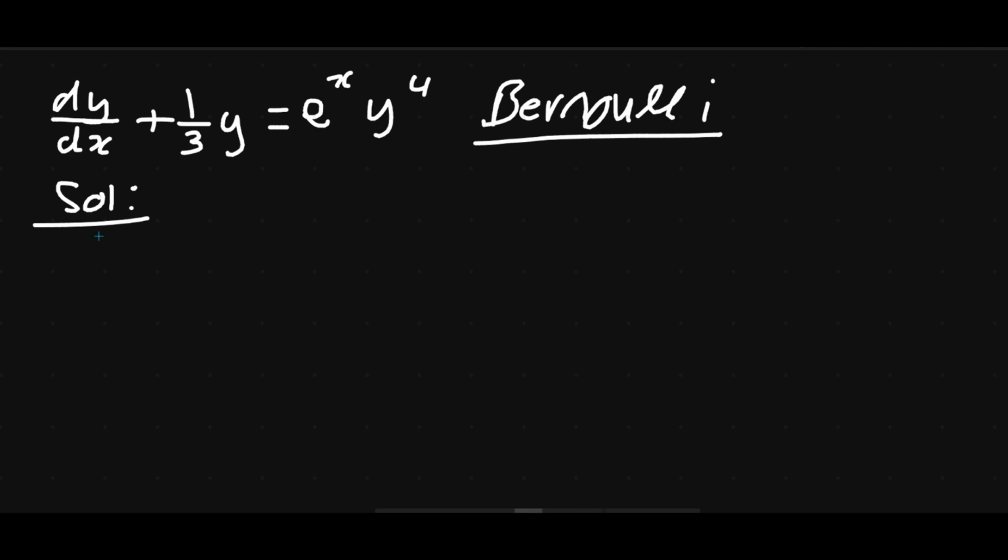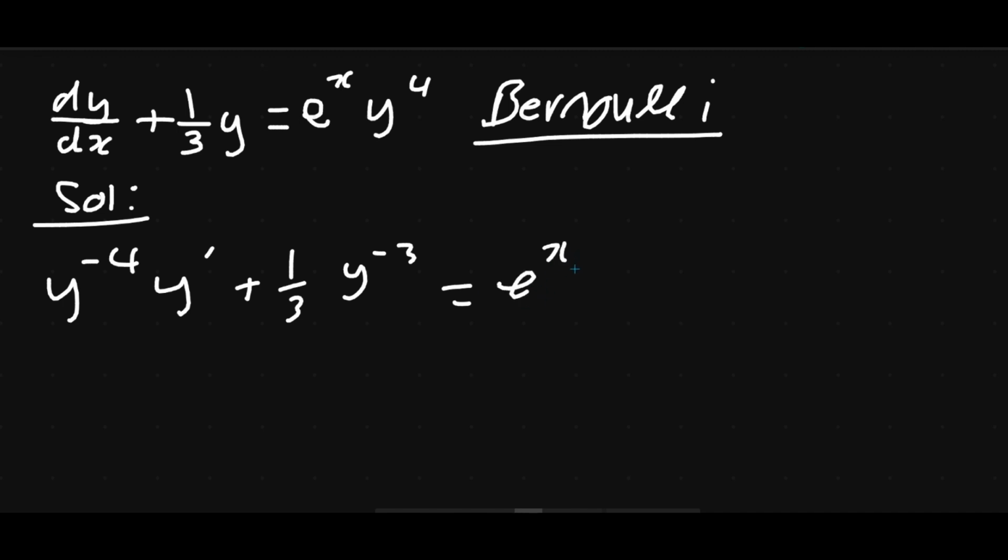So dividing out by this, we get y to the minus 4 y prime plus 1/3, and it's going to be y to the first power divided by y to the 4, so it's going to be y to the 1 minus 4, so y to the minus 3, equals e to the x.